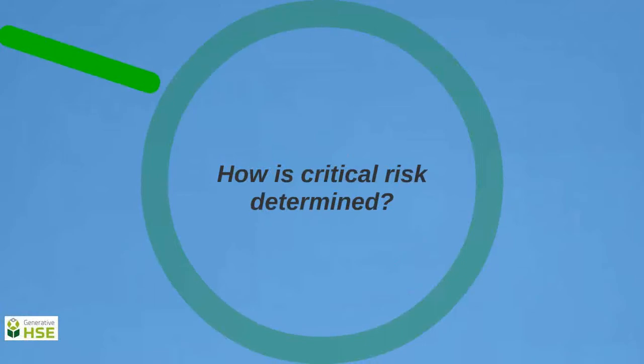Okay, so how's critical risk determined? It's easy to say that critical risk is any task that can cause a fatality, but you need to go a little deeper to gain exactly what that means. If you do a risk assessment on a task and review the task with identified controls in place, that task may rate low on the overall risk rating.